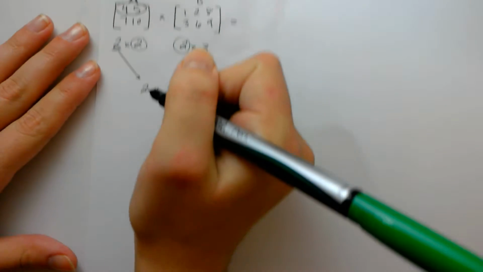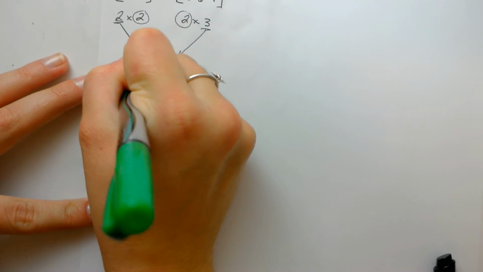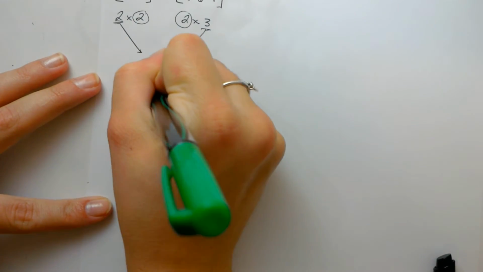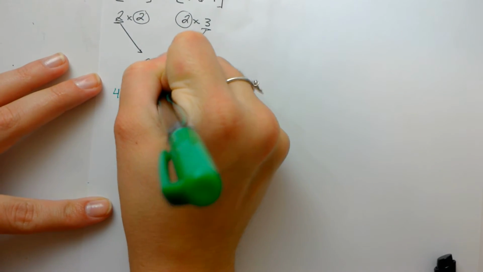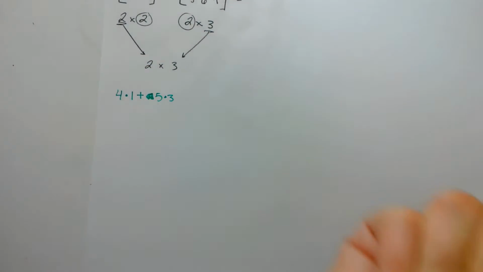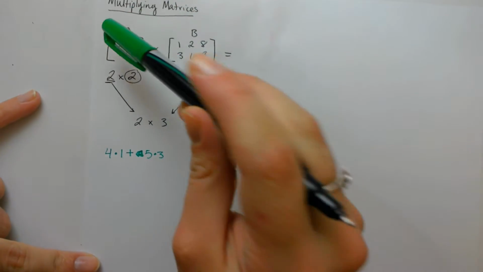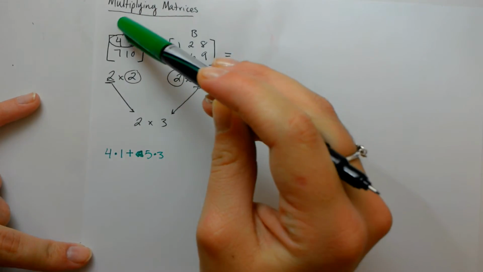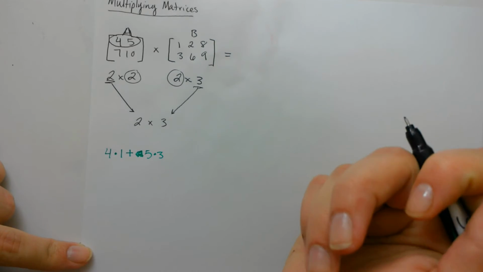I'm going to show you the math down here. You're going to have 4 times 1 plus 5 times 3. The reason is because 4 multiplies by 1, and while that's being multiplied, you also have 5 multiplying by 3 down here, and those are all added together.